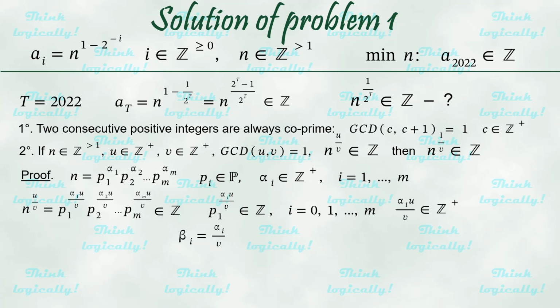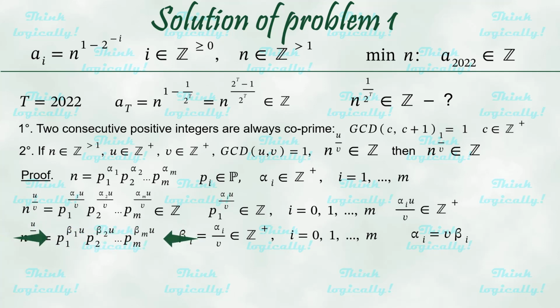Let beta sub i be alpha sub i over v. Then beta sub i is a positive integer for any index i. Therefore, alpha sub i equals v times beta sub i. And after we substitute the expressions for alphas into the equality for n to the power of u over v, all these cancel out and the right hand side becomes more compact.